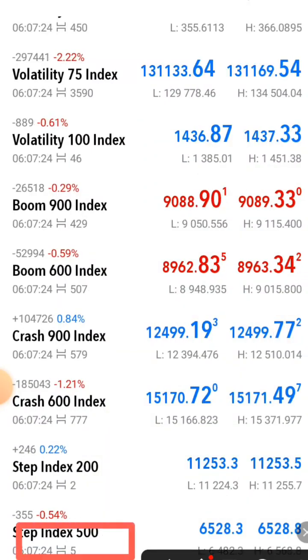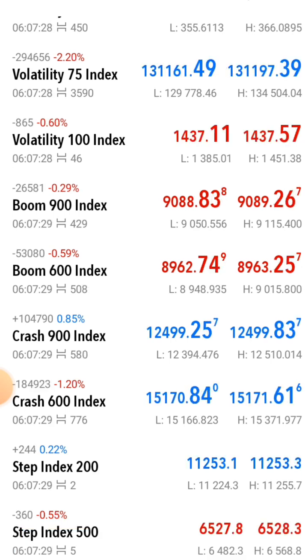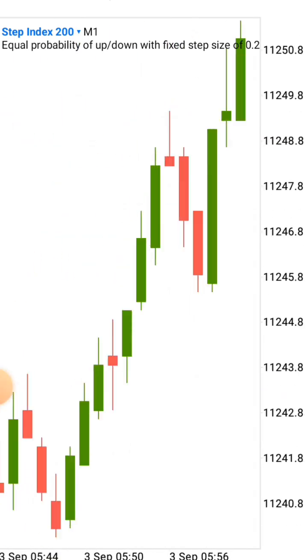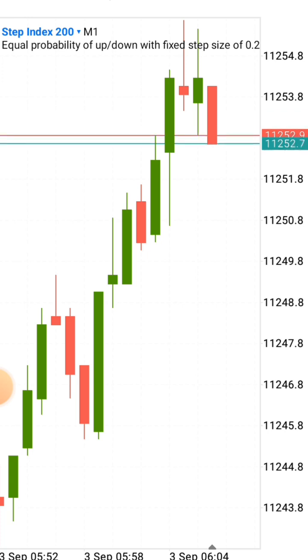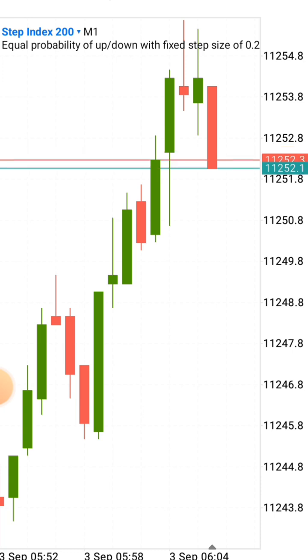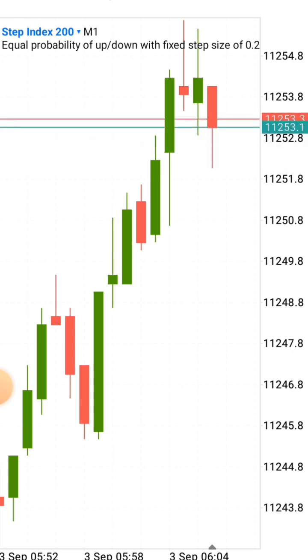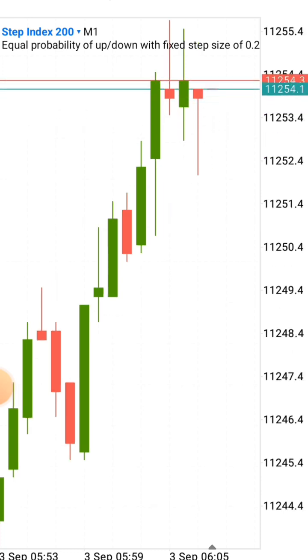So when you are trading with these 3 step index, you need to be very, very careful. It simply means that if you place a trade in any of these things, you should be very, very careful. 1 step from this place is taking 2. Like this is step index 200. Like the other one, if you enter 0.01, that is to say that if you enter 5, every move is 5 cents, 10 cents, 20 cents.